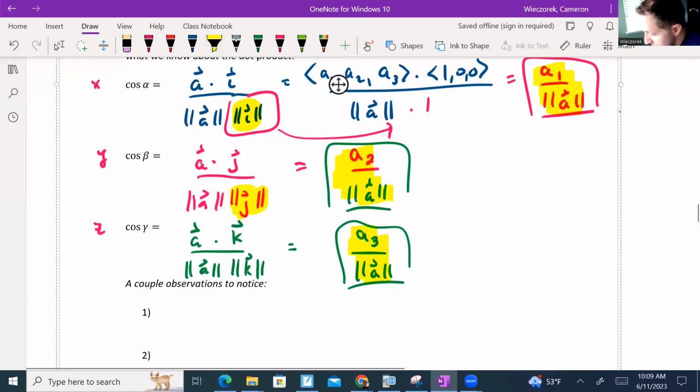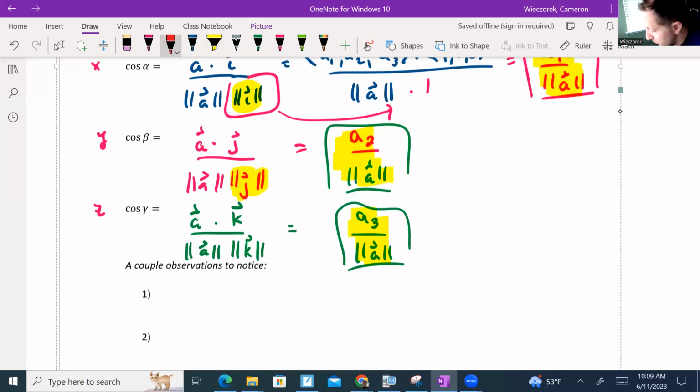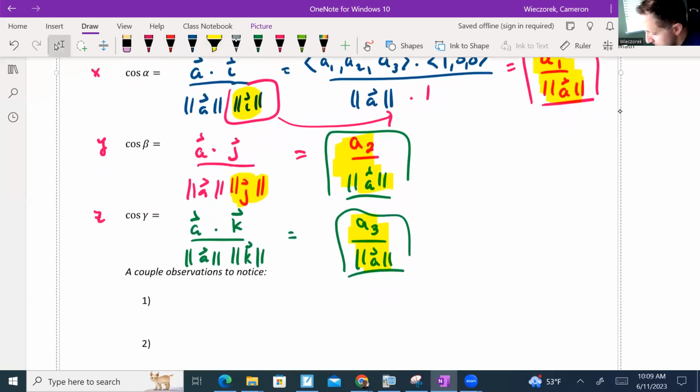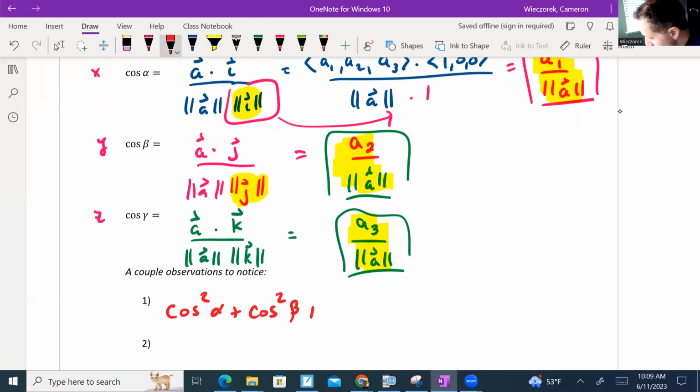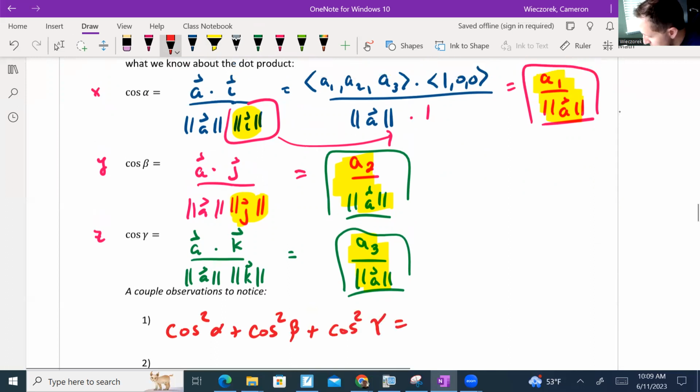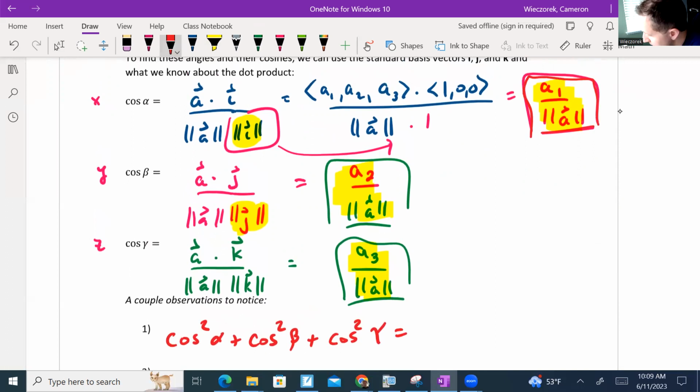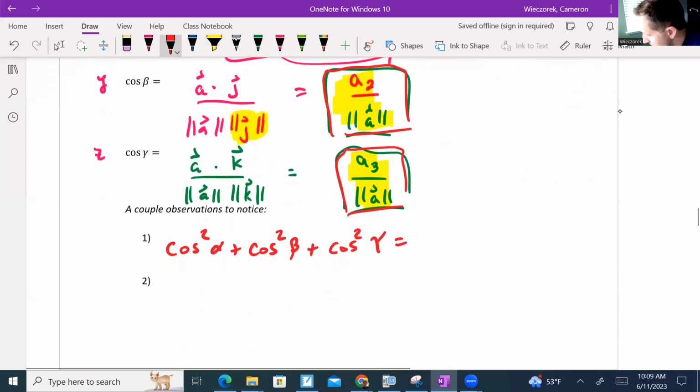Couple observations to notice. You'll have some homework problems that ask you about these. If you take cosine squared alpha plus cosine squared beta plus cosine squared gamma, in other words, we're squaring A1 over magnitude A squared plus A2 over magnitude A squared plus A3 over magnitude A squared.